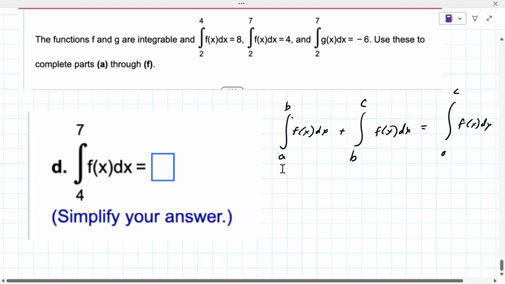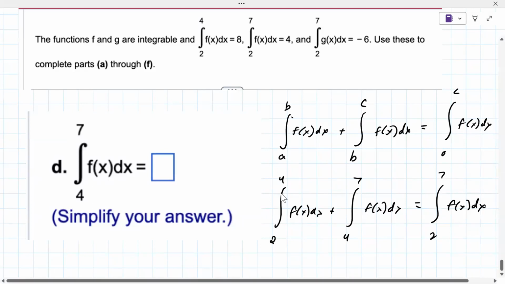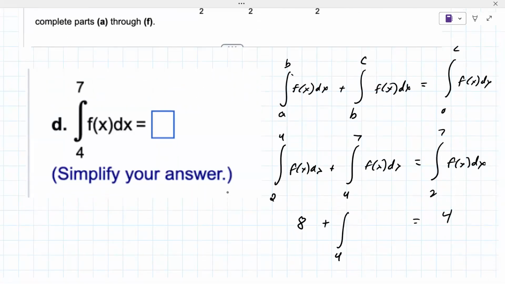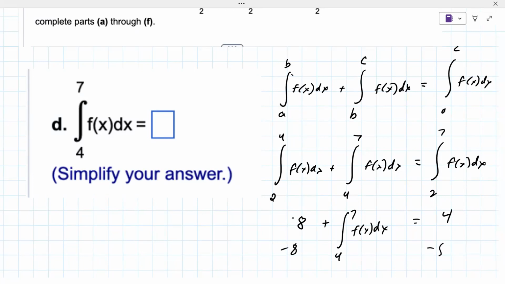So in your problem, the integral from 2 to 4 of f of x dx, plus the integral from 4 to 7 of f of x dx, equals the integral from 2 to 7 of f of x dx. Notice you have this number, which is 8, plus the thing you're trying to find, and you know that this is 4. You're trying to find the middle one. The first one is 8, the last one is 4. So if you subtract 8 from both sides, you get -4.